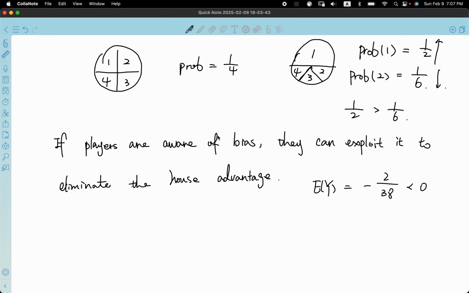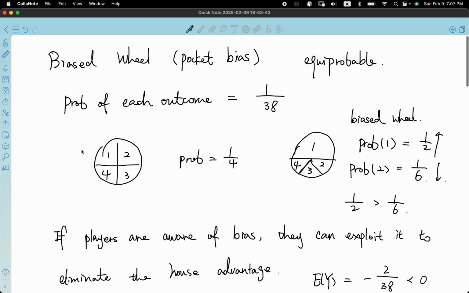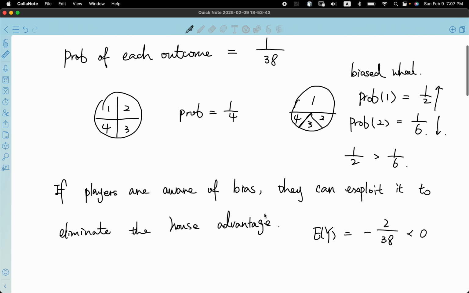But if the wheel is no longer equally probable, or there's a bias associated with particular pockets, and if we are able to exploit it, or let's say we know where the bias is, or the particular pockets that are associated with positive bias, then we are able to exploit it and gain or win money from the casino. So that is my comment here, and now we are going to see if this is true or not.